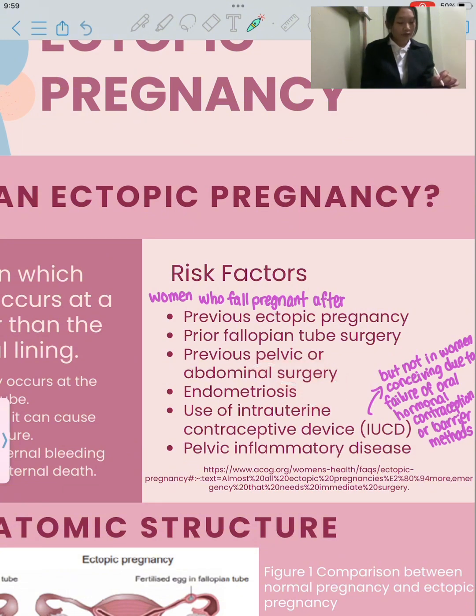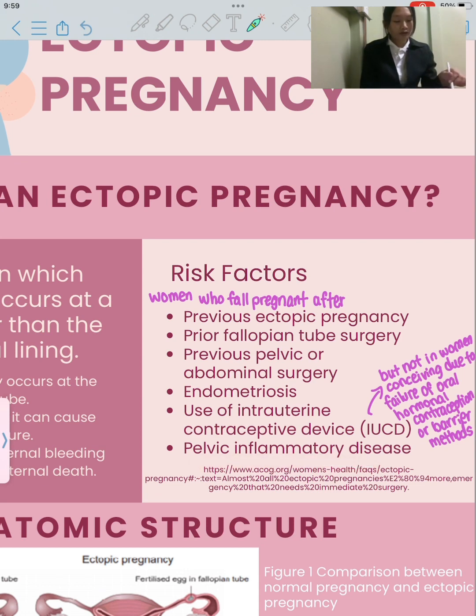Women who use an intrauterine contraceptive device, IUCD, will also have the risk of getting ectopic pregnancy too. But it is not so in women who conceive due to failure of oral hormonal contraception or barrier methods. And the last one is pelvic inflammatory disease.